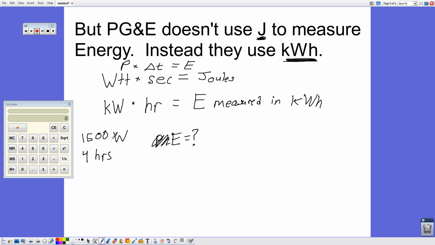Okay, well, first I need to know kilowatts. 1, 2, 3. That's 1.5 kilowatts times 4 hours equals 6 kilowatt hours. Alright, and this is the number that PG&E is going to use to charge us money.